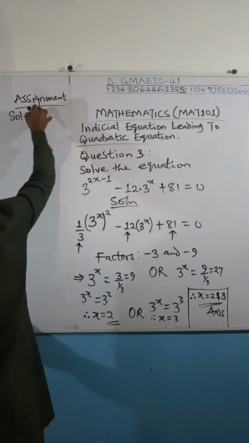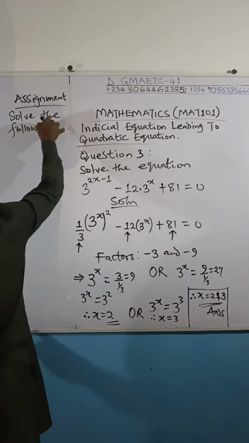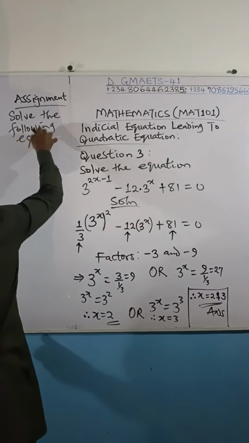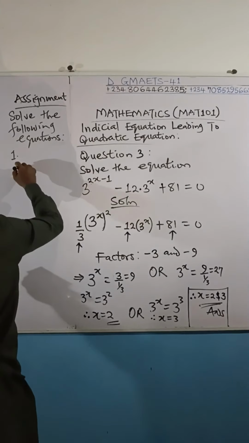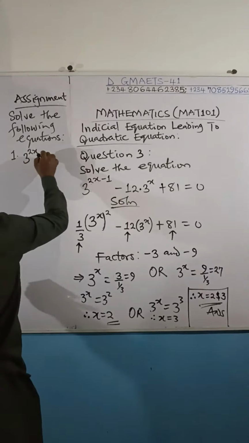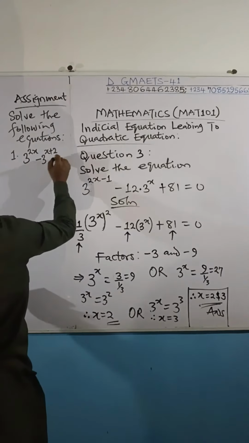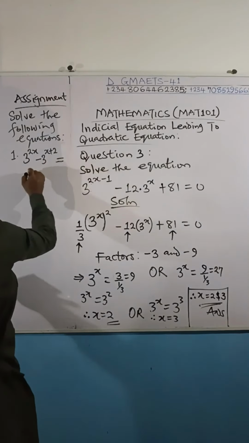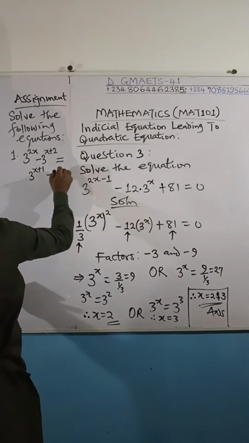Solve the following equations. The first: 3 to the power of 2x minus 3 to the power of x plus 2 equals 3 to the power of x plus 1 minus 27.